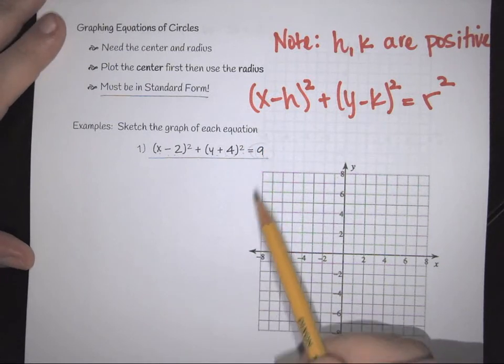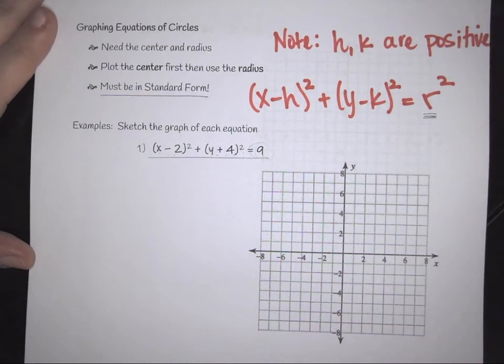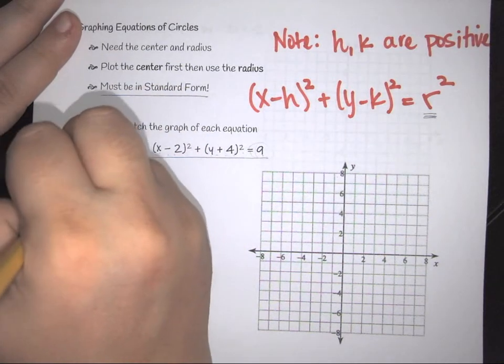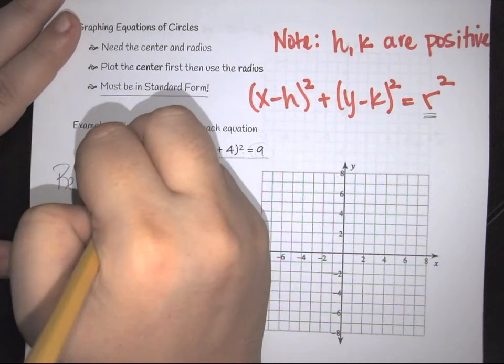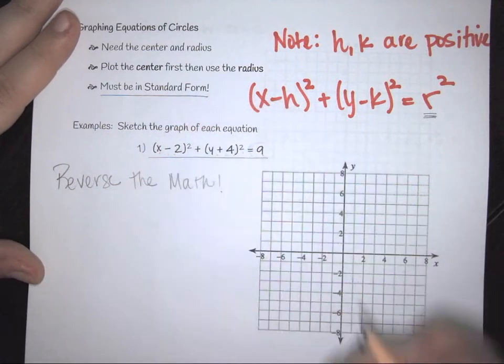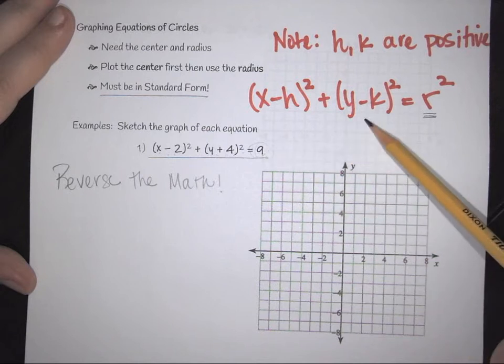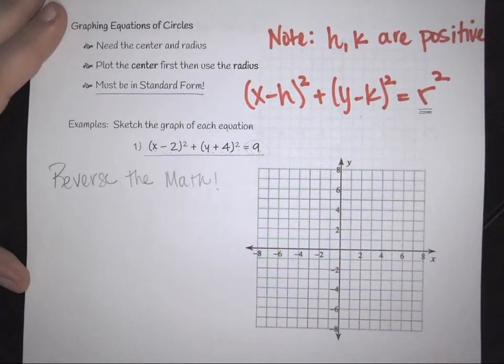What I have to remember is that that is actually r squared. So before we had to do the math, here we have to reverse the math, in that we want to make sure it's back in the form of standard form so that we can identify our pieces.